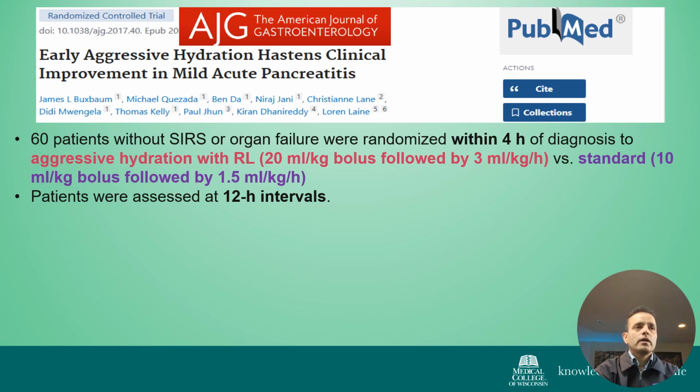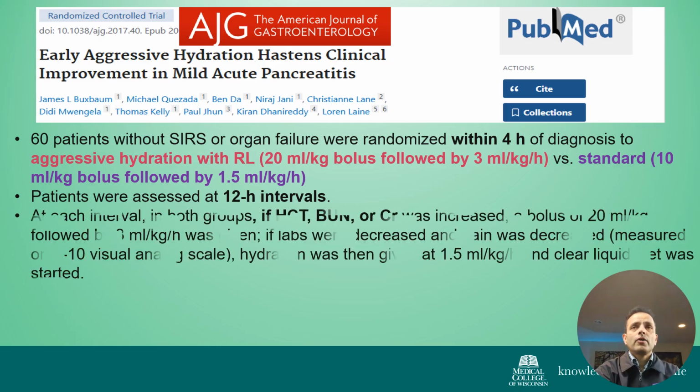They were looking at 60 patients without SIRS or organ failure, randomized within 4 hours, and treated with two different fluid plans. The aggressive arm included 20 ml per kg of bolus, followed by 3 ml per kg per hour. Half the amount was given in the standard group.